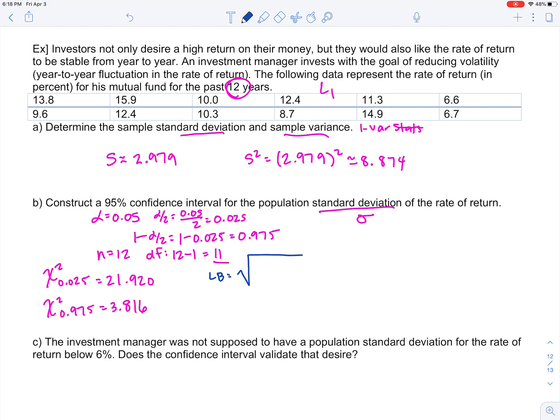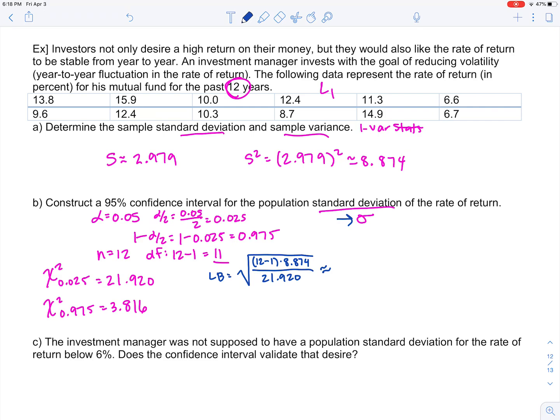So the lower bound is the square root. This time I'm using the square root because we're finding a confidence interval for the standard deviation. n minus 1, so 12 minus 1, times s squared, which we found above to be 8.874, divided by the chi-square sub 0.025, 21.920.